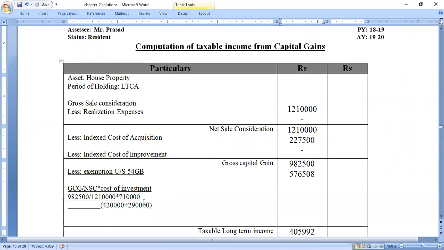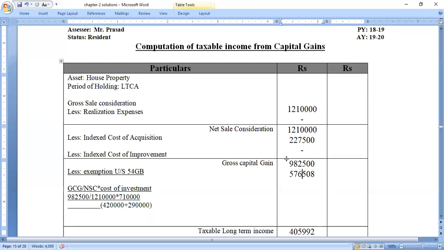That is 4 lakh 20 plus 2 lakh 90 is 7 lakh 10,000. Now the net sale consideration is 12 lakh 10,000. Since the cost of investment is less than the net sale consideration, we need to apply the formula, that is gross capital gain divided by net sale consideration into cost of investment.